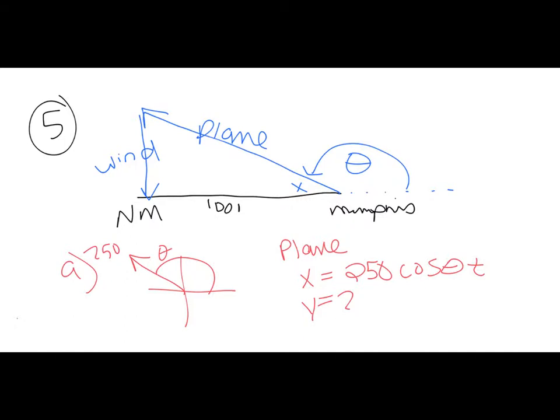And my y equals 250 sine theta. So when I want the plane's components, or the plane's contribution to the situation, this is the plane. Okay, so I'm going to go on to the next.